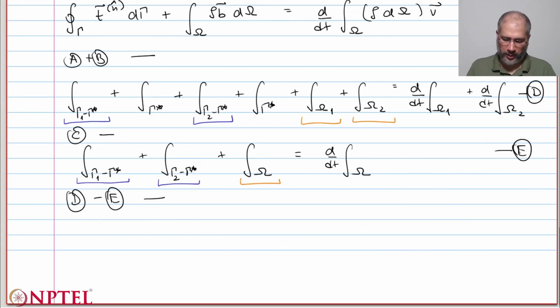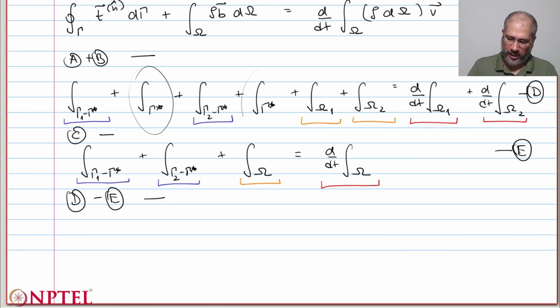So these cancel as well. And if you look at the right hand side, we have the integral over the complete omega in equation E, and in equation D we have integrals over omega 1 and omega 2, which add to give the integral over the omega. So all we are left with is just two terms, this one and this one.